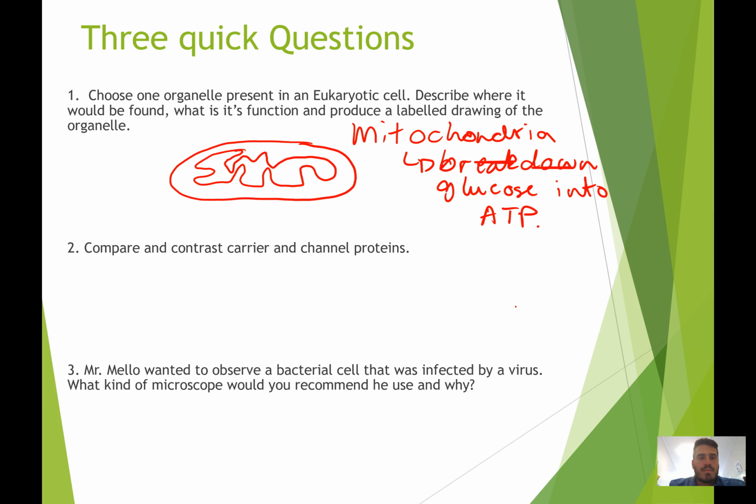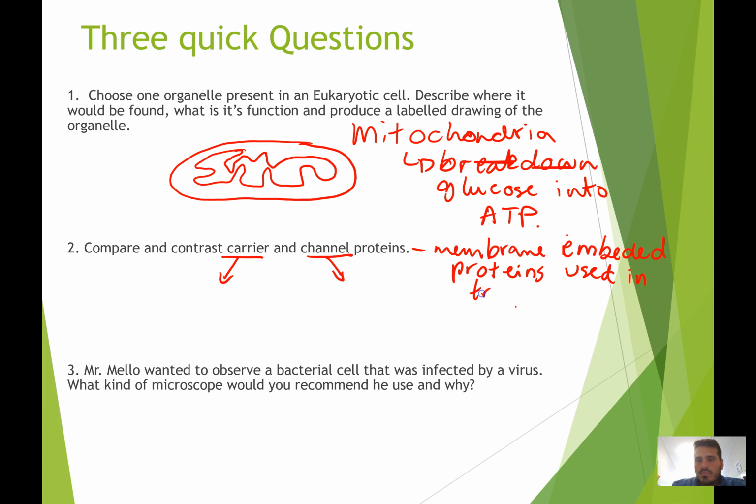Let's compare and contrast carrier versus channel proteins. This is more of the focus of what we're going to talk about today. But carrier proteins, for example, so first of all, they're both membrane embedded proteins used in transport, right?